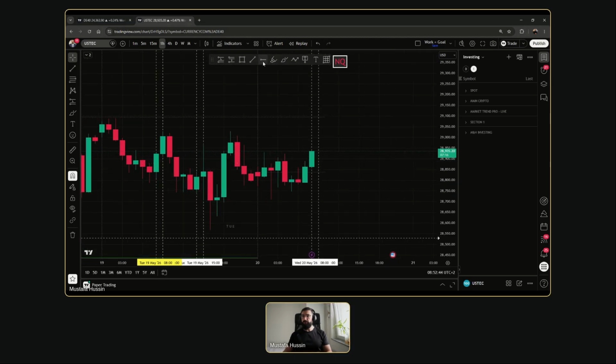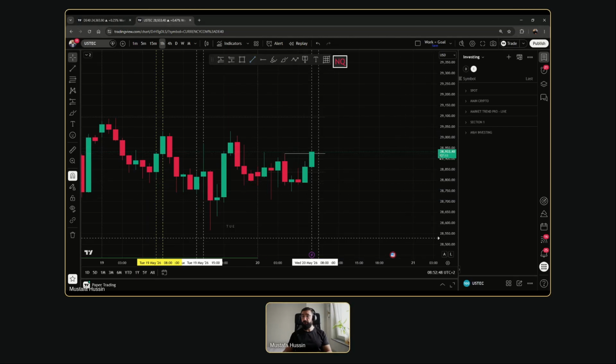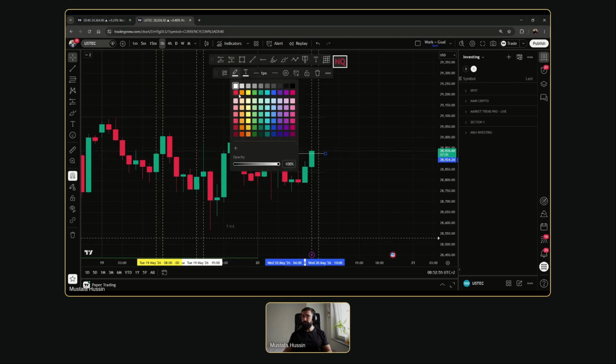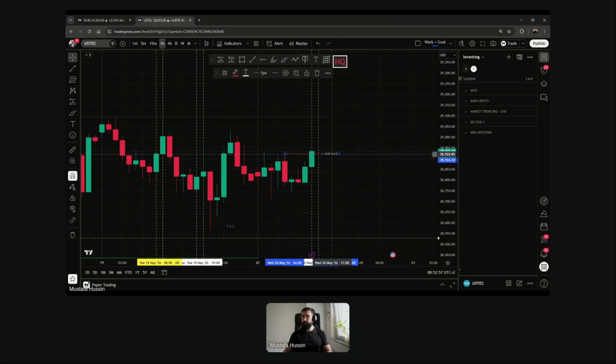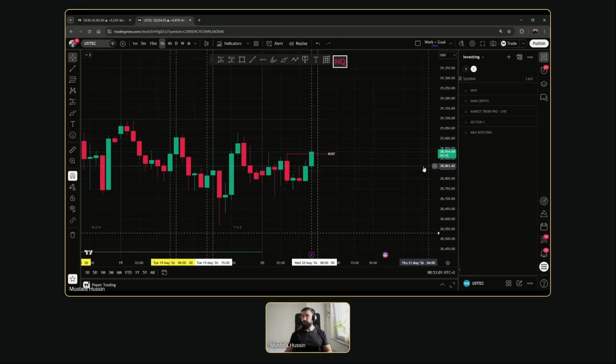So what are we looking for right now? I'm looking for the market to open basically, and looking for a break of structure on this 1 hour candle right there. So I'm gonna mark it out as red, and I'm gonna write break of structure and see what it gives us.